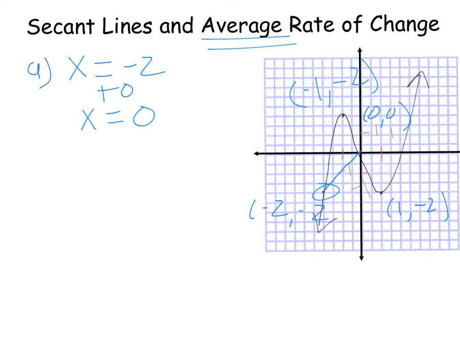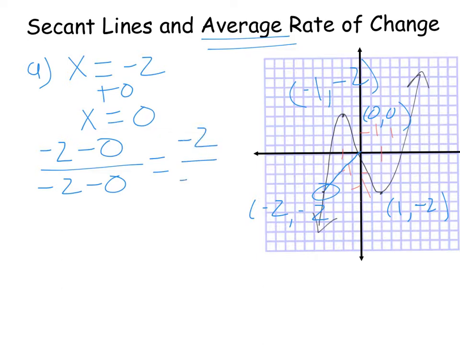The big thing you have to keep in mind here, I've got these 2 points that form my secant line. Slope is slope, no matter how you look at it. Slope of a line, you need 2 points, change in y over change in x. A secant line is absolutely no different. Okay?